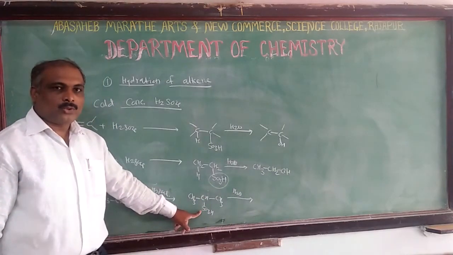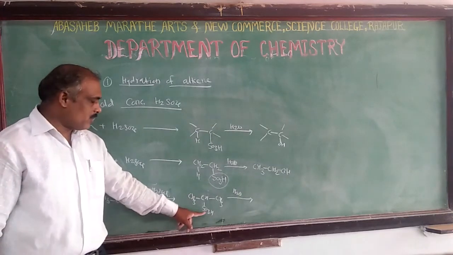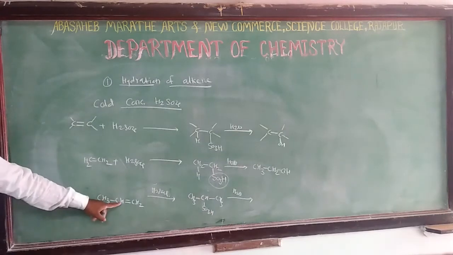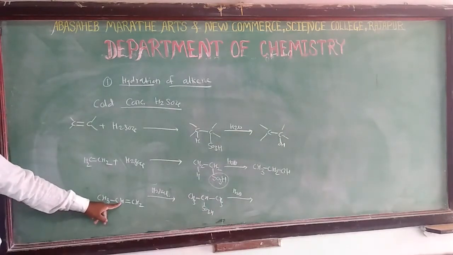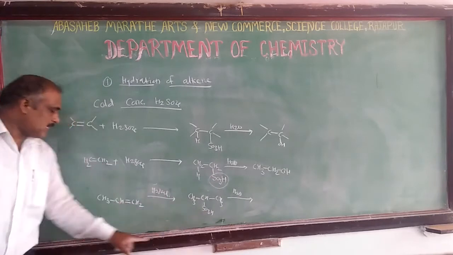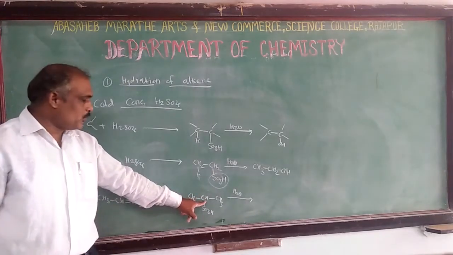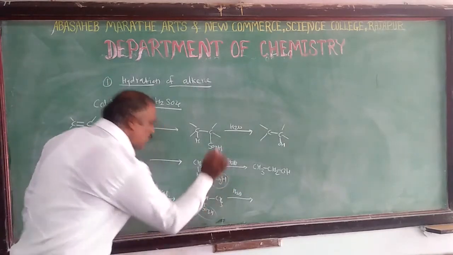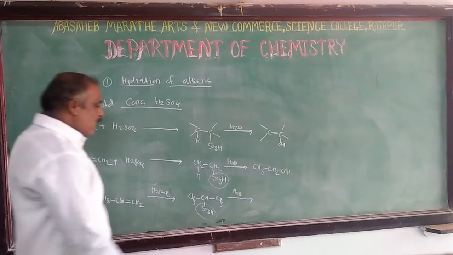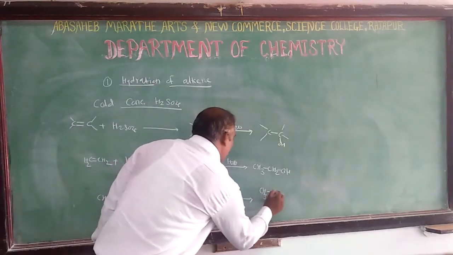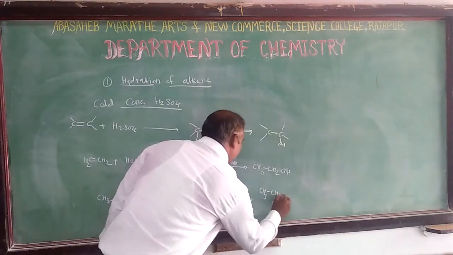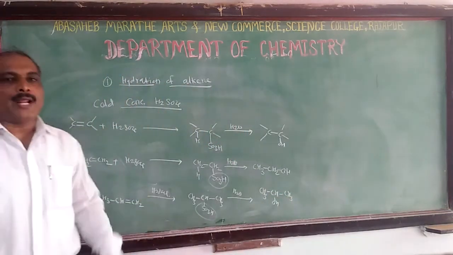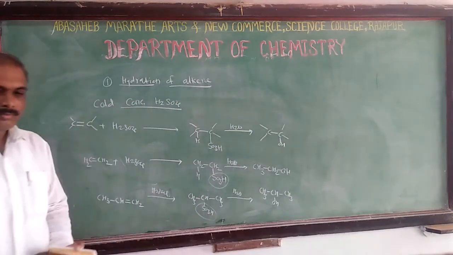Because according to Markovnikov's addition reaction, the negative part attaches to the carbon with fewer hydrogen atoms. It is the carbon with fewer hydrogen atoms, and hence the negative part SO3H is attached at the second position. And then after hydrolysis, this SO3H group is replaced by OH to get the corresponding alcohol, a secondary alcohol. Like this. So what is the name? 2-propanol as the product.